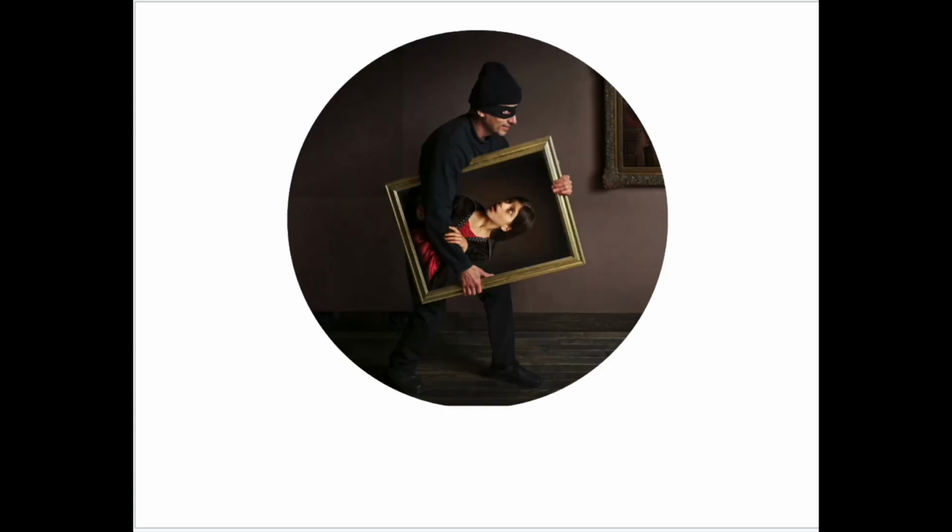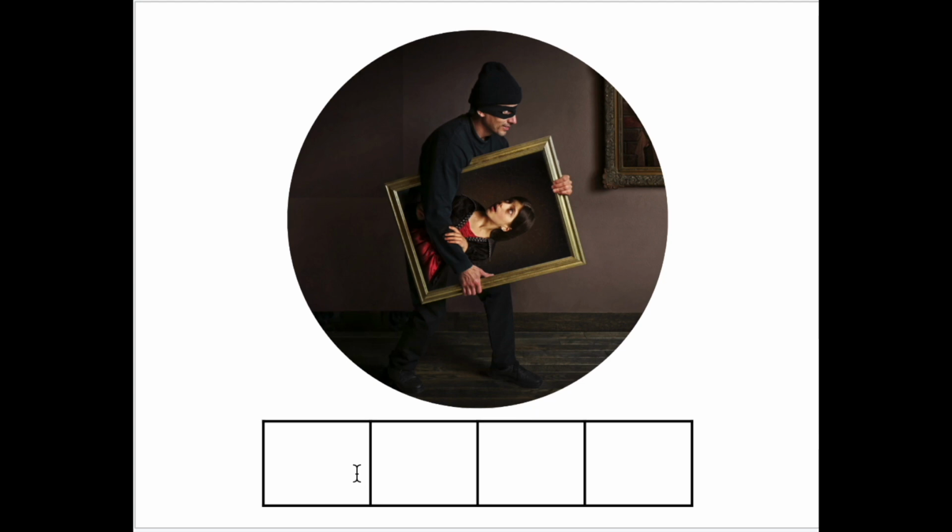Next picture. Oh no, this is steal. How many sounds do you hear in the word steal? There are 4. What's the first sound you hear? Steal. We use the letter S to spell the S sound. What's the second sound you hear?